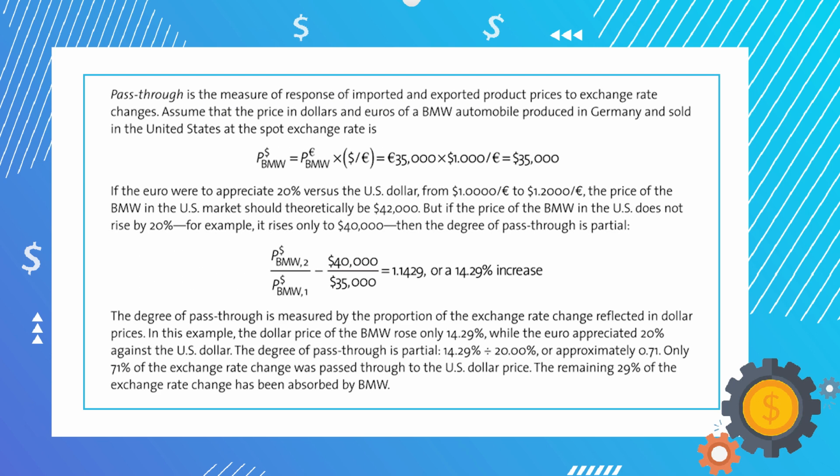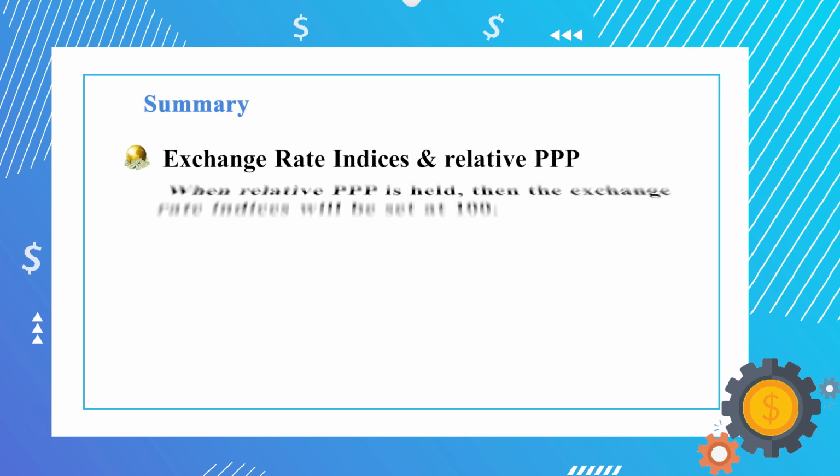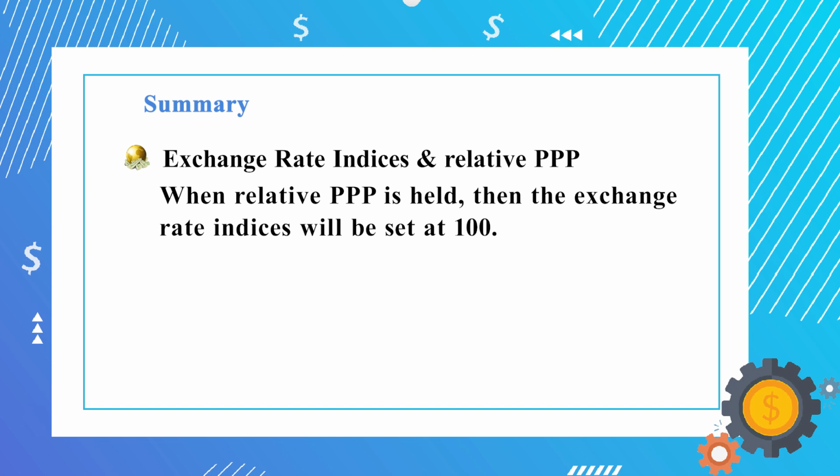This exhibit shows how to calculate exchange rate pass-through. In this video, we learned the linkage between exchange rate indices and relative PPP. When relative PPP holds, then the exchange rate indices will be set at 100.